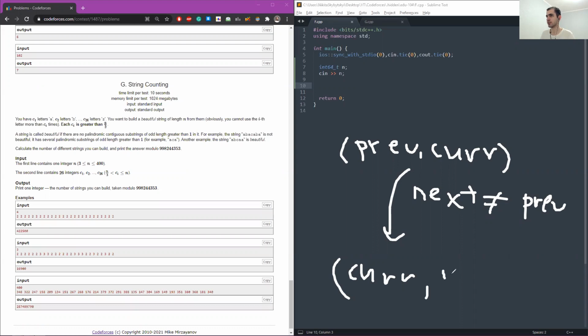For a second, I thought that I can just optimize it by dropping it out, but clearly not. So for all next which are not equal to previous, we have such a transition. And it's one-to-one.